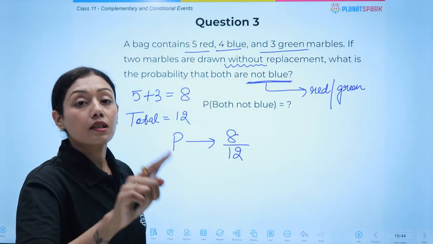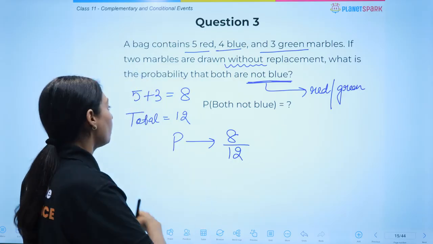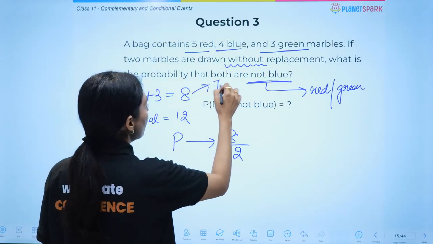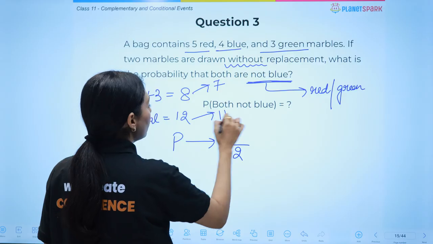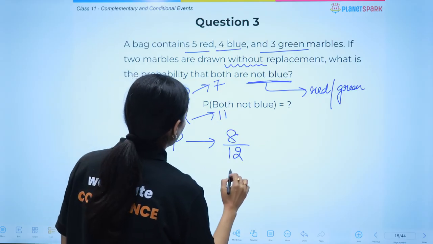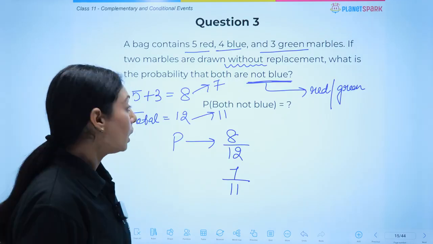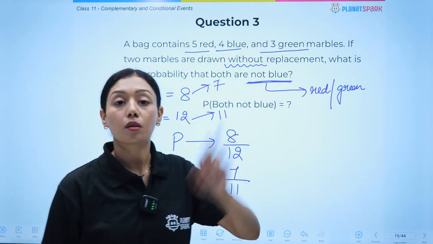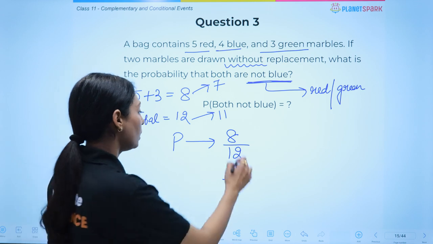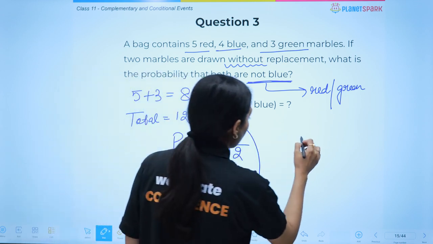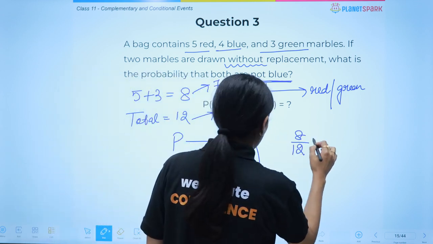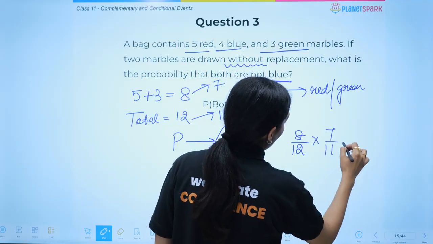Now we didn't put this marble back. So now how many marbles are left which are not blue? 7. How many marbles are left in total? 11. So for the second marble, the probability will be 7 over 11. Now we have to find the probability that both are not blue, both things occurring together. So we'll just take the product. Probability will be 8 over 12 into 7 over 11.